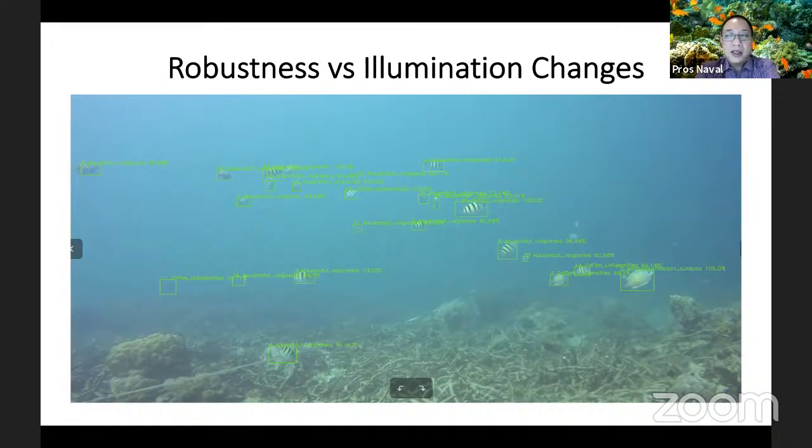We spent a lot of time and effort developing our own algorithms, modifying those deep learning modules that are available out there for our problem of fish identification.